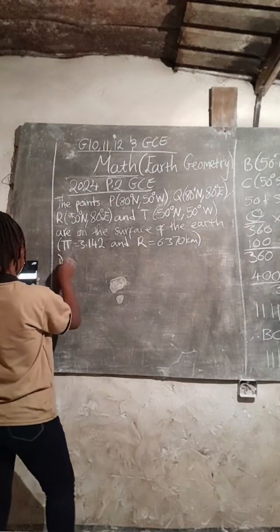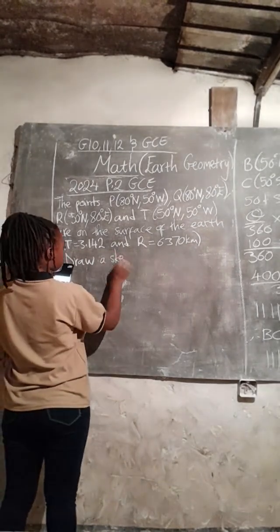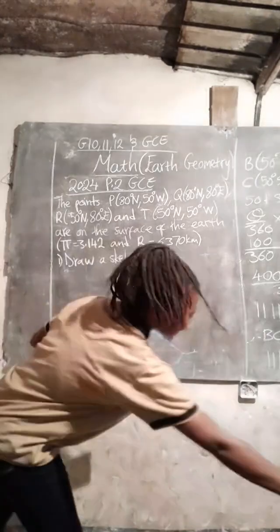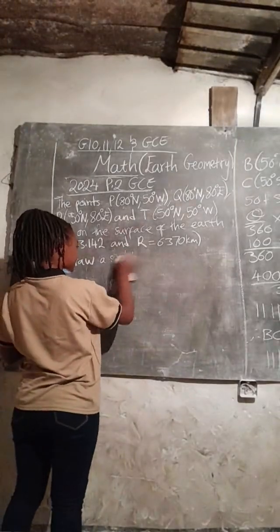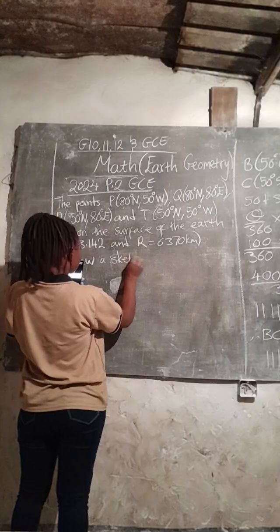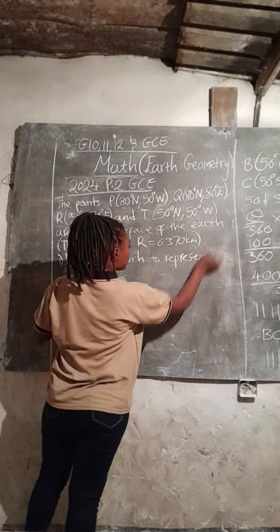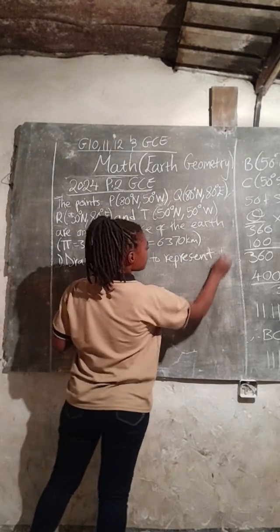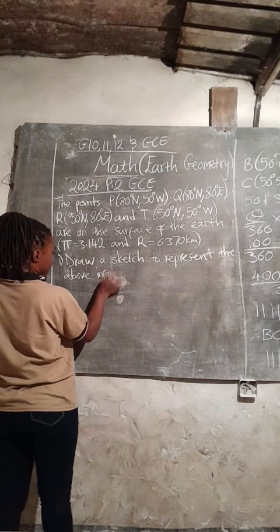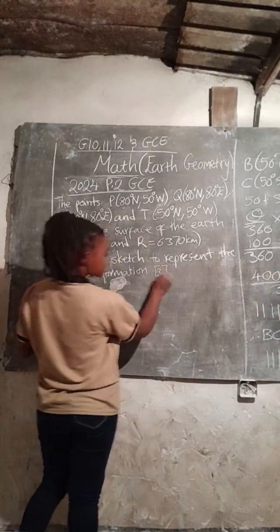Then question 1 says: draw a sketch to represent the above information, 2 marks.